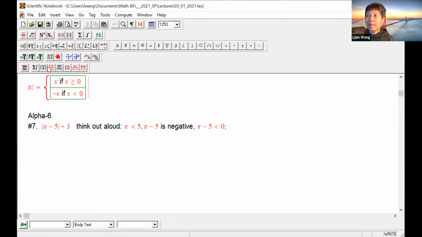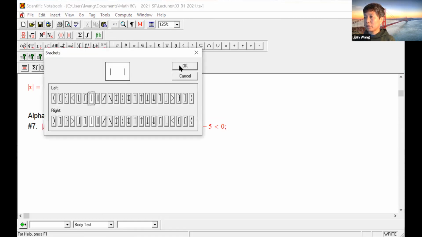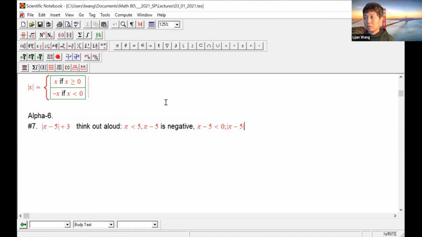So the absolute value of pi minus 5 is going to be what? It's the absolute value of a negative number, right? The absolute value of a negative number is its opposite. So if this number is negative, then the absolute value is its opposite, the opposite of pi minus 5.